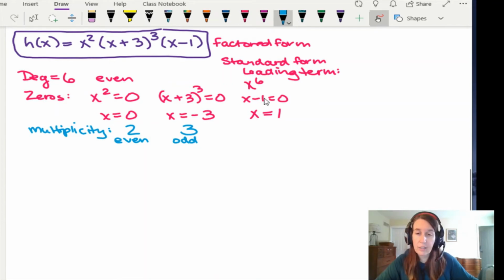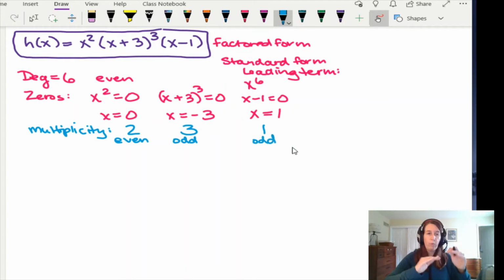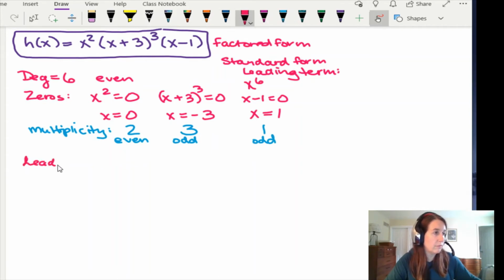This x minus 1 term, the multiplicity is 1, and that is also an odd multiplicity. It's going to affect how the graph touches the axis at the zeros. We also want to find the leading coefficient, which we kind of already did. The leading coefficient is just the 1 in front of x to the 6, so 1, and that is a positive number.